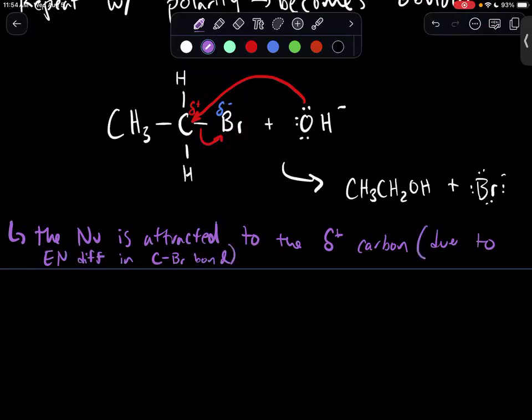And I'm saying the carbon is partially positive due to the difference in the bond, not the attraction is due to that.